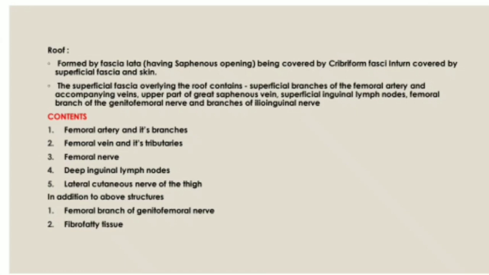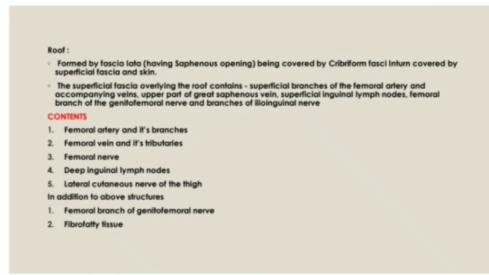The genital branch supplies the genital organs, and the femoral branch supplies the femoral part. Only one nerve, so the name has come as genitofemoral nerve. We have the femoral branch of the genitofemoral nerve in the femoral triangle, and in the inguinal canal you can see the genital branch of the genitofemoral nerve.